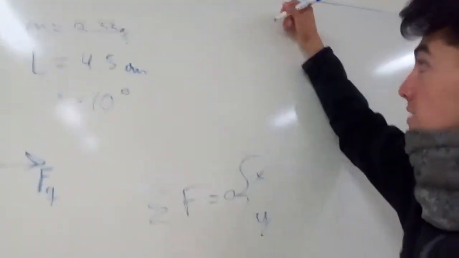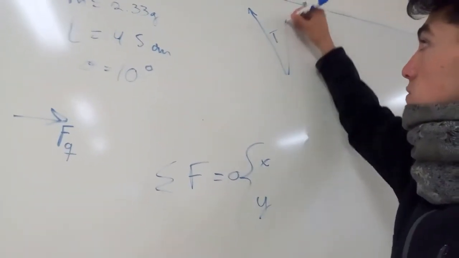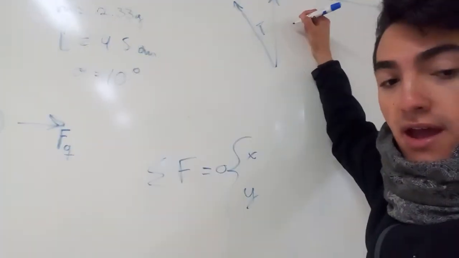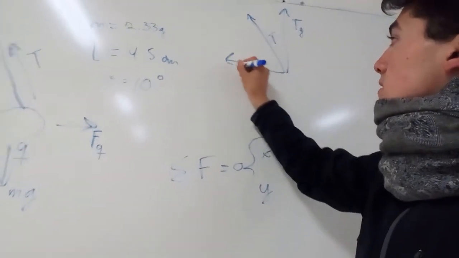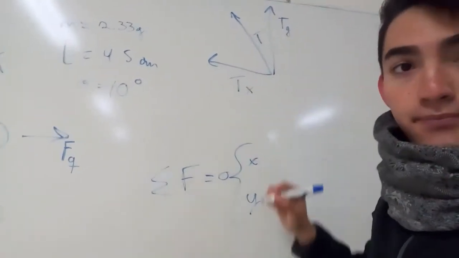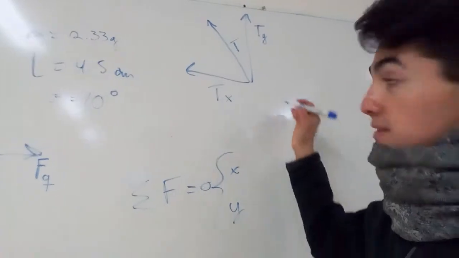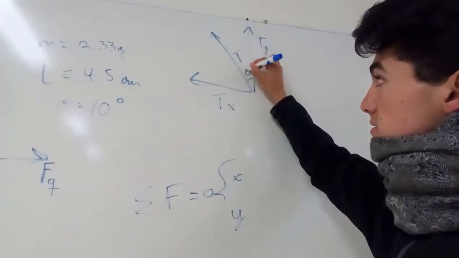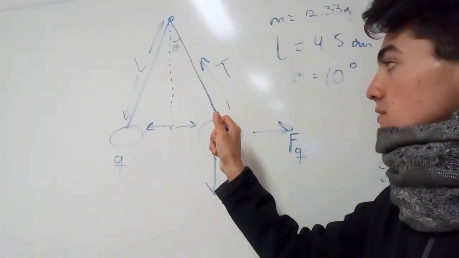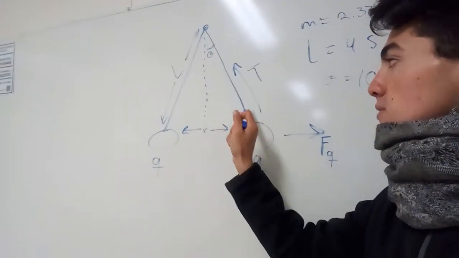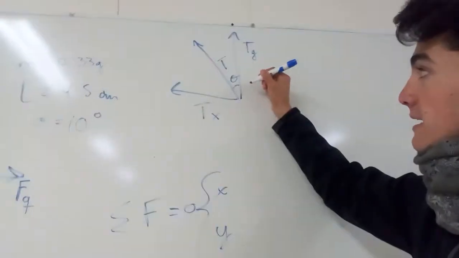So I'm going to draw it here. We have the tension, and we have to draw the tension in y and the tension in x. For doing this, this part here is omega. If we draw a line, it will be exactly the same angle. So omega, here it is.